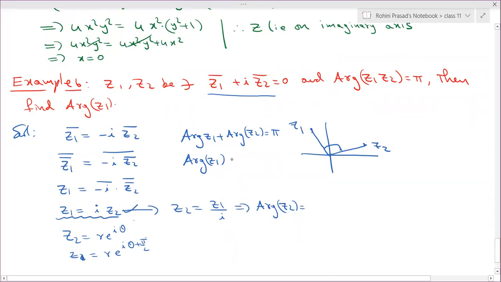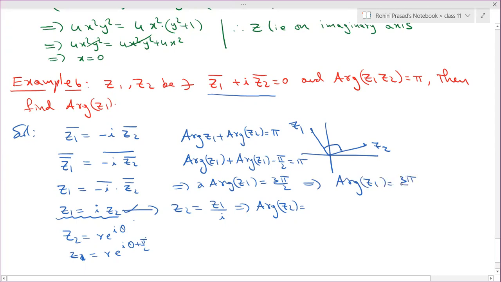So the Z2 argument is argument of Z1 minus pi by 2 equal to pi. So that implies 2 times argument of Z1 equal to 3 pi by 2. That implies argument of Z1 equal to 3 pi by 4. Okay.